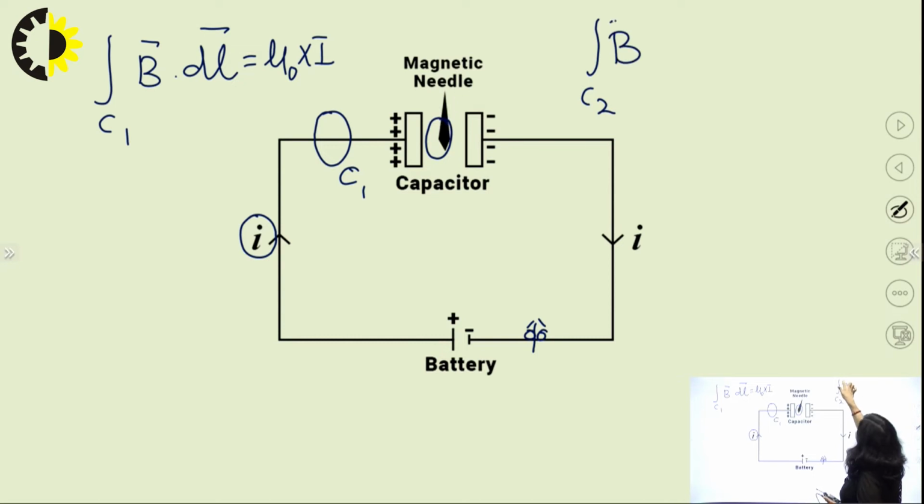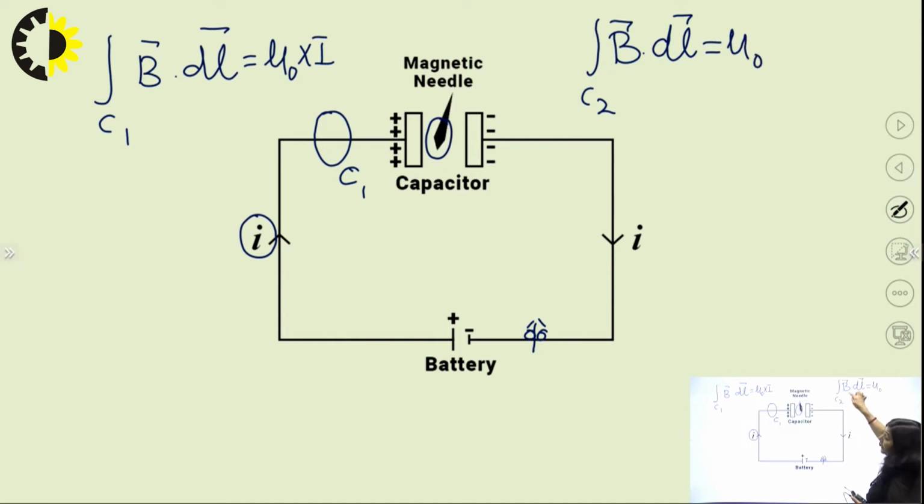If you apply this Ampere's law for loop C2, then you can see here no actual flow of charge. Since no flow of charge is there, no conduction current is there, according to Ampere's law, this B dot dl for loop C2 is mu naught times 0. No flow of charge, no conduction current.